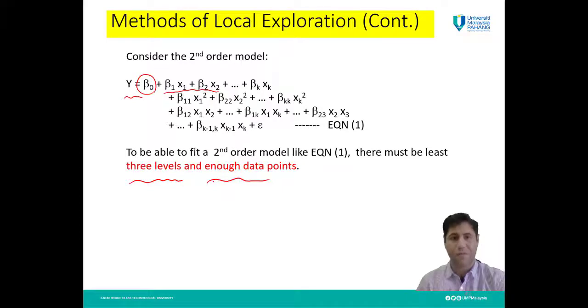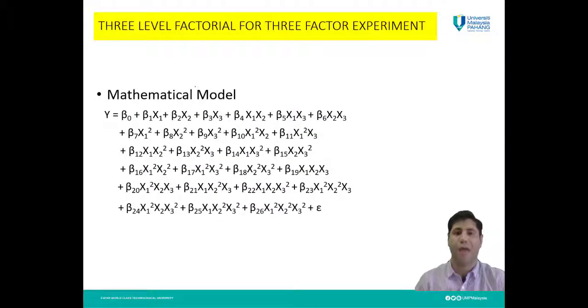So after we have three levels for each factor, for example here for three factors, you will have a mathematical model like this. However, maybe not all of the terms will be significant, but the general form of the second order model for three factors with three different levels is something like this.